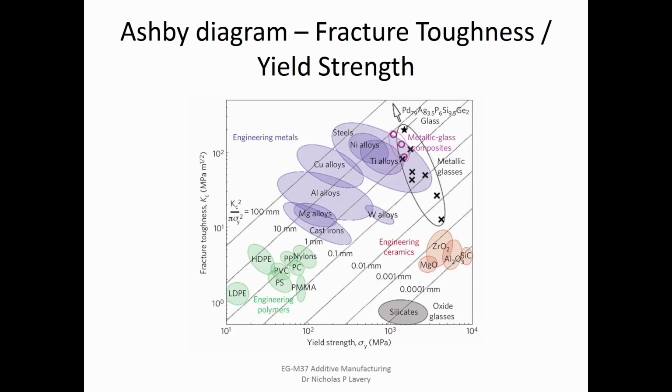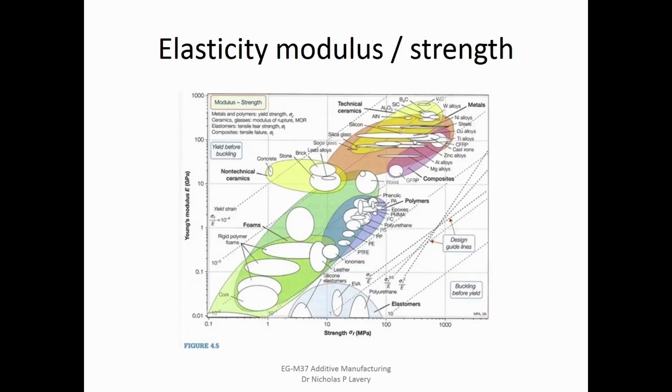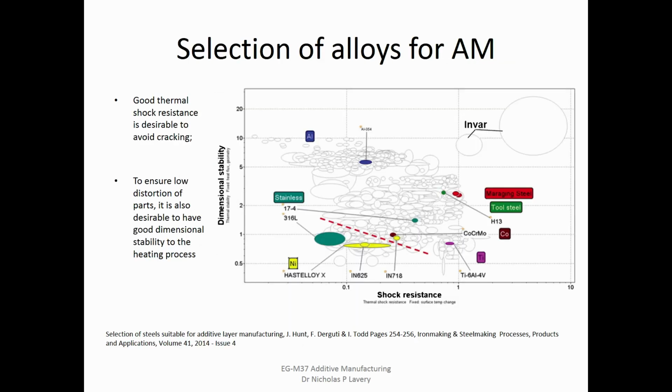Fracture toughness and yield strength as well. So these are just examples of some of the material properties which we're talking about here. Young's modulus versus strength. Again, you've got polymers and then your metals on the high strength, high Young's modulus end. I love those diagrams, they're great. You can spend hours just looking at all the different materials.